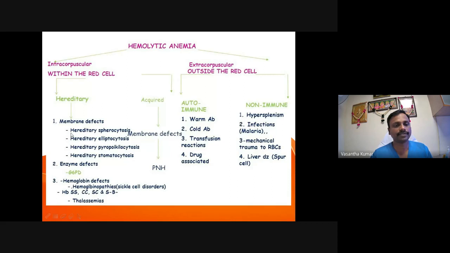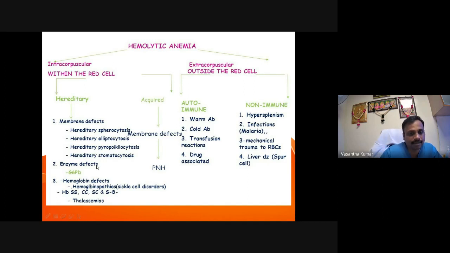In the hereditary, first we'll see the membrane defect. I already told you the normal RBC is a biconcave disc-shaped, 7.5 micron size RBC, so it can easily squeeze through the circulation. Suppose the RBC loses its shape due to a condition called hereditary spherocytosis, spherical shape or elliptical shape or any other shape other than biconcave disc, there is a lysis.